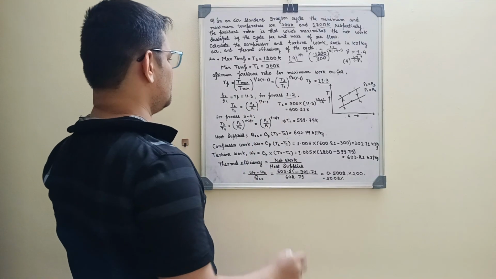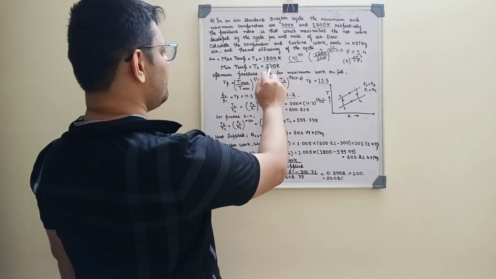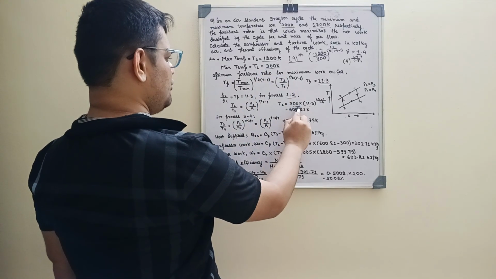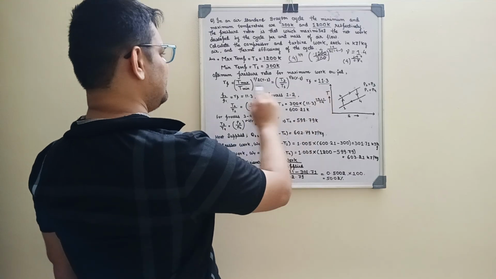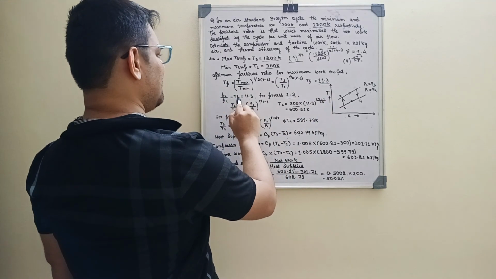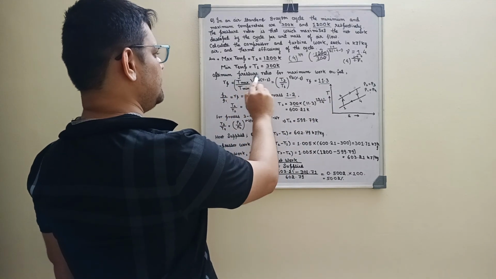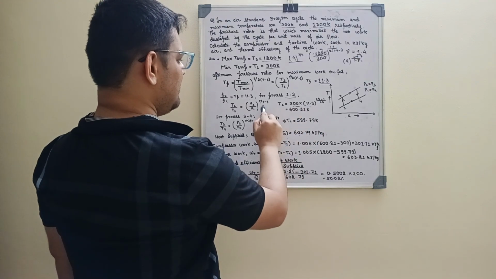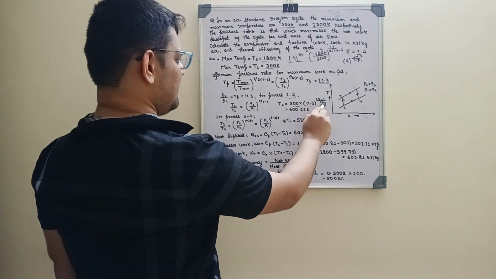T1 we know is 300 Kelvin. P2 by P1 we have already calculated, that is Rp, the optimum pressure ratio, 11.3, to the power (1.4 minus 1) divided by 1.4.